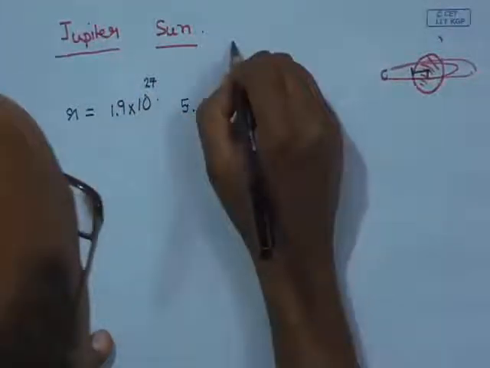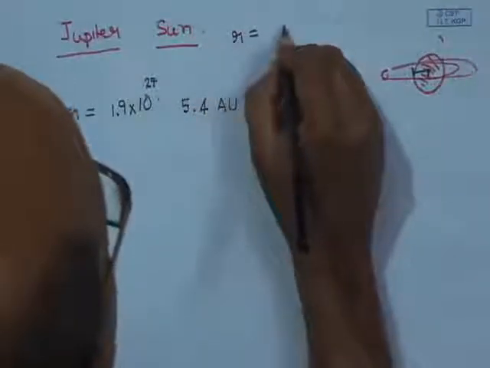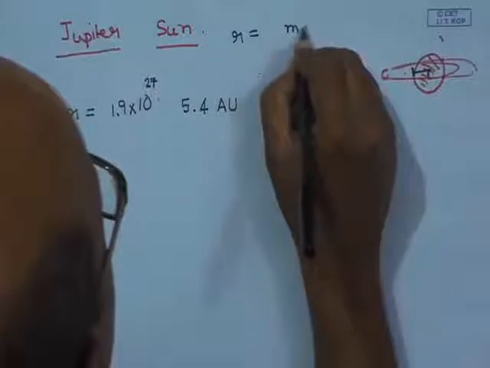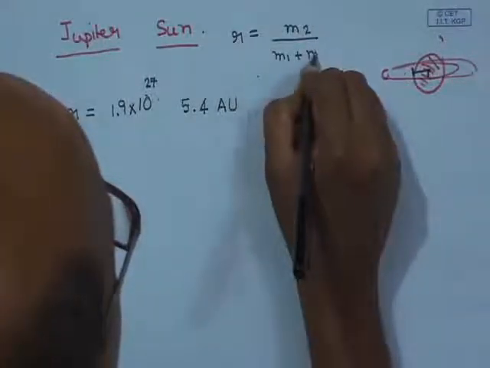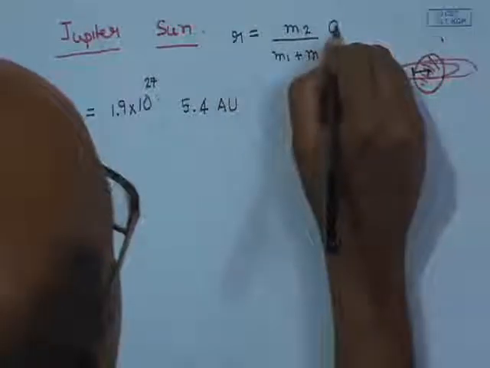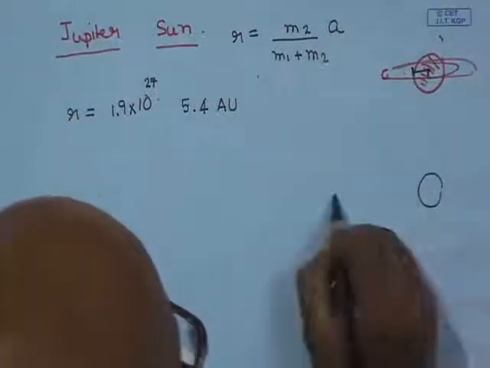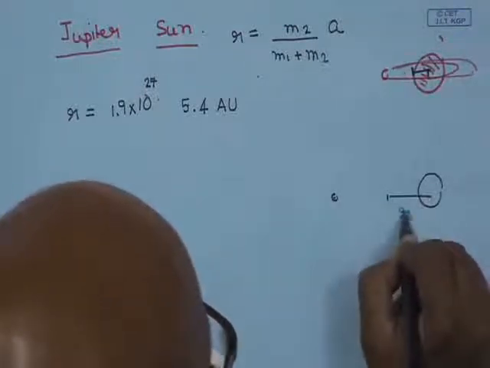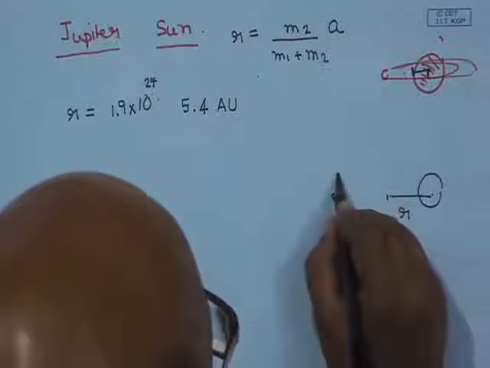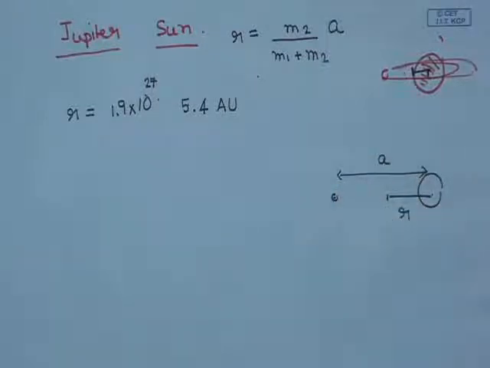Let me remind you that R or A1 is equal to M2 divided by M1 plus M2, times A. That is what we are calculating. So, this is the Sun, this is Jupiter, this is R, the distance from the center of mass, and this is A. That is the notation that we are using.